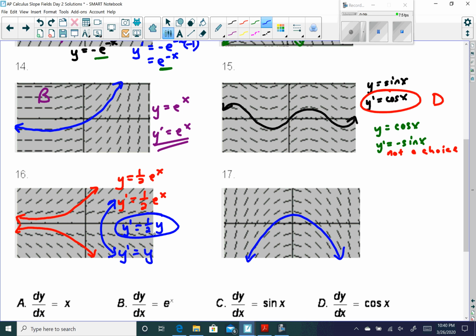All right, so for 17, this one should be pretty basic compared to most of these that we just went through. Here, y is quadratic. Therefore, dy over dx should also be linear.